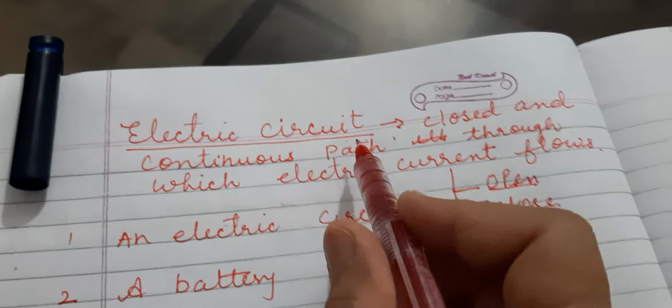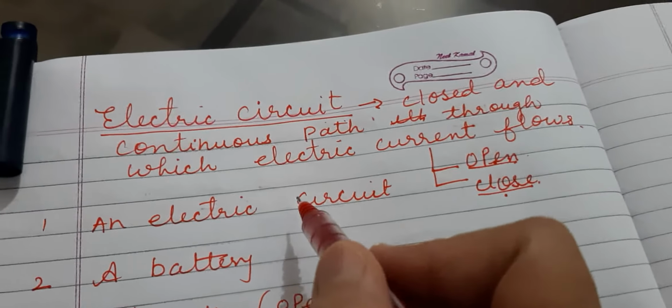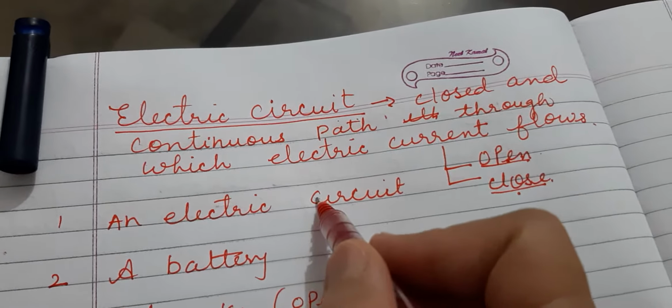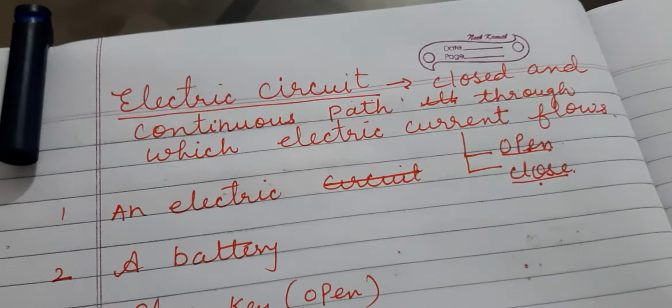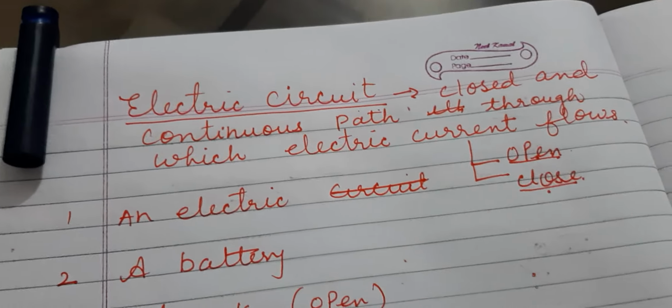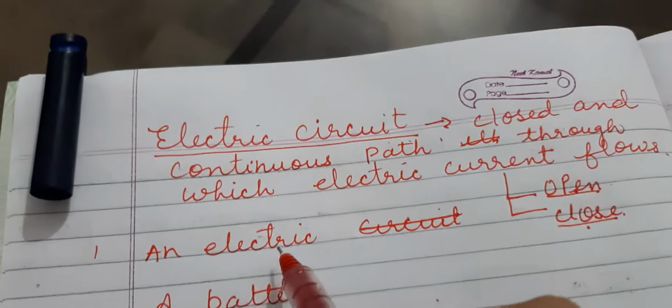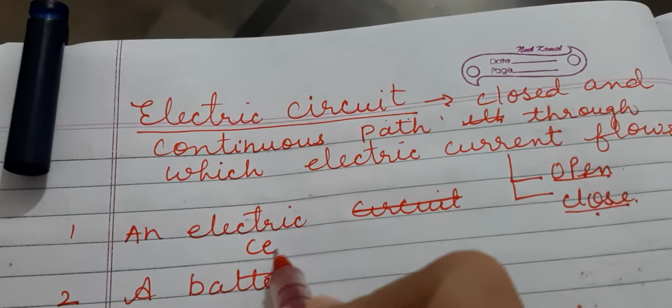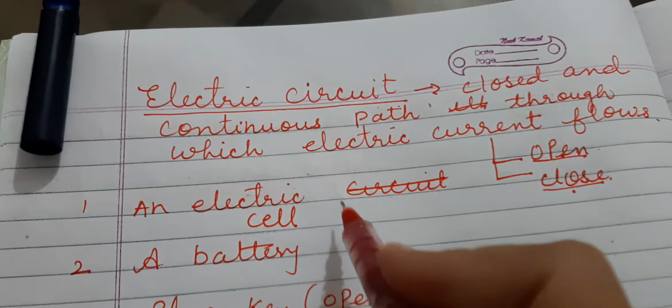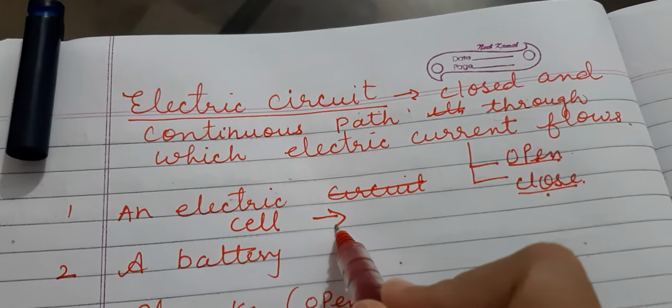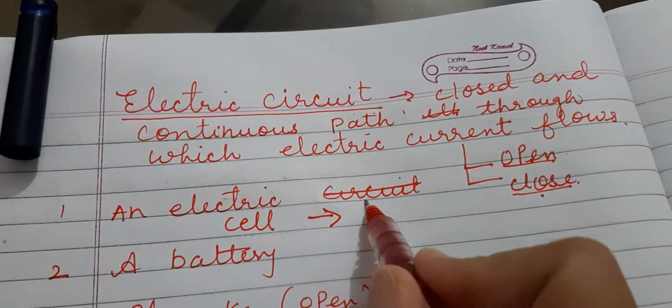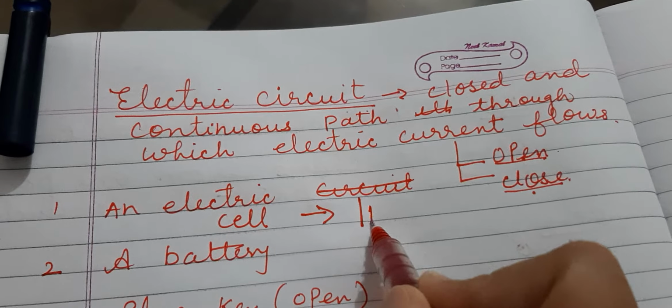Now when we draw this electric circuit in our notebook, we have to use certain symbols. So we are discussing those symbols. First symbol is an electric cell. We will give it a symbol like this.